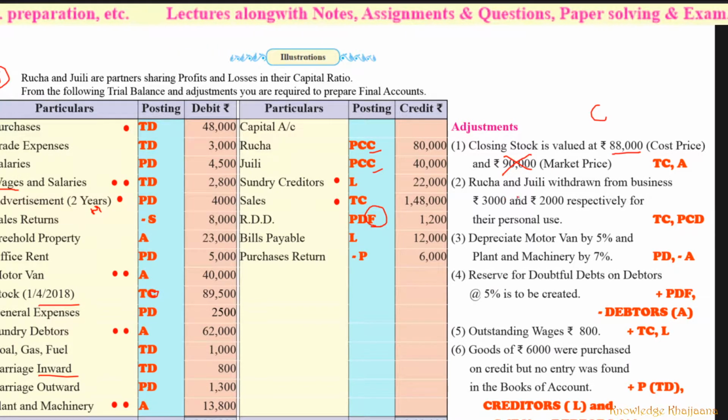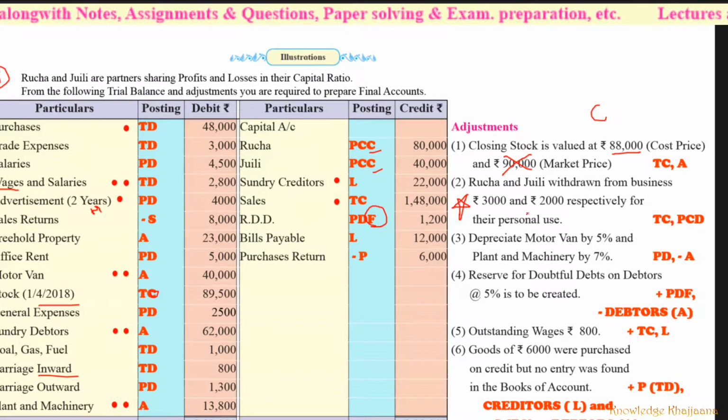Then Rucha and Julie withdrew from business rupees 3,000 and rupees 2,000 respectively for their personal use. Okay, so this is a very important adjustment. Now listen to the clarification given by me. It is not clearly mentioned over here in which kind they have withdrawn, whether in kind of money or in kind of goods.